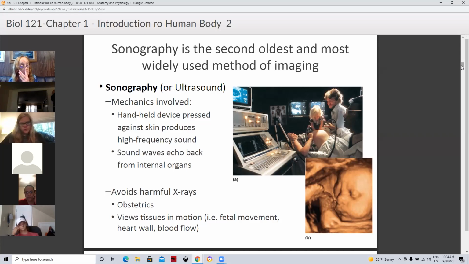Sound waves echo back against the surface of internal organs, and from the echoing pattern, a picture is formed. Benefits of this is that we're not using harmful X-rays. Often used to view tissues in motion.